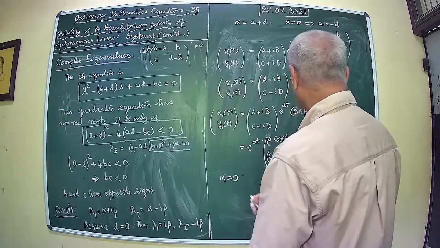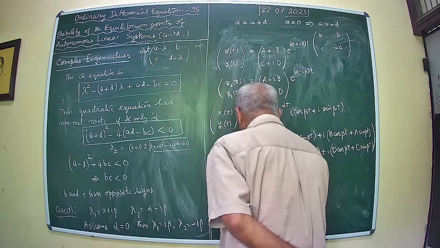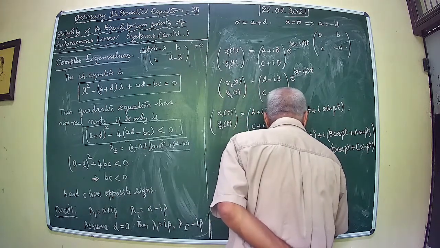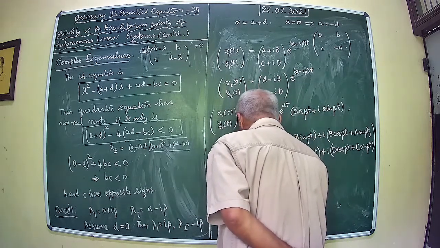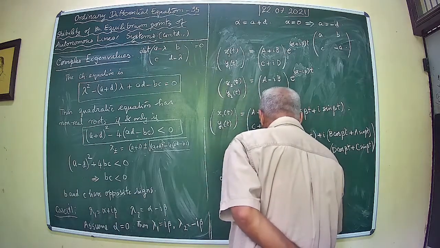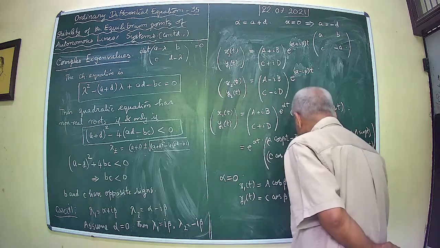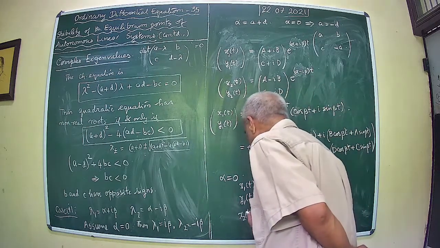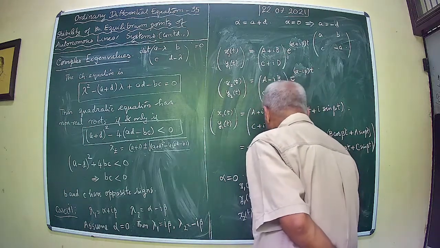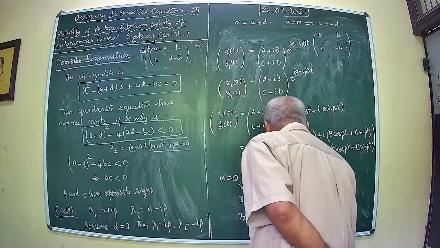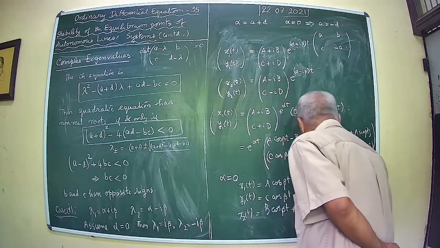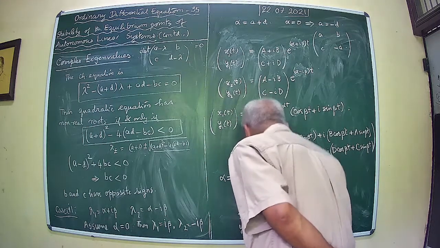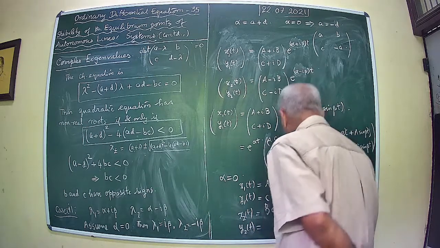Then the two linearly independent solutions are, one is x1(t) equal to a cos beta t... The second solution is x2(t) equal to a b cos beta t plus... equal to d cos beta t.